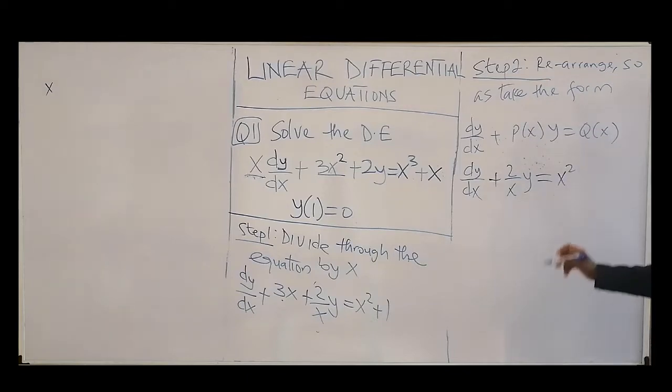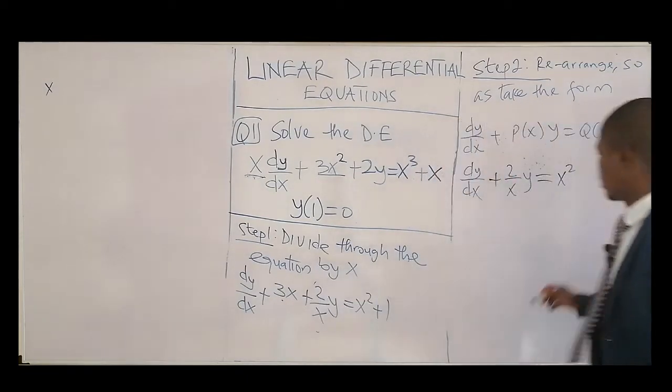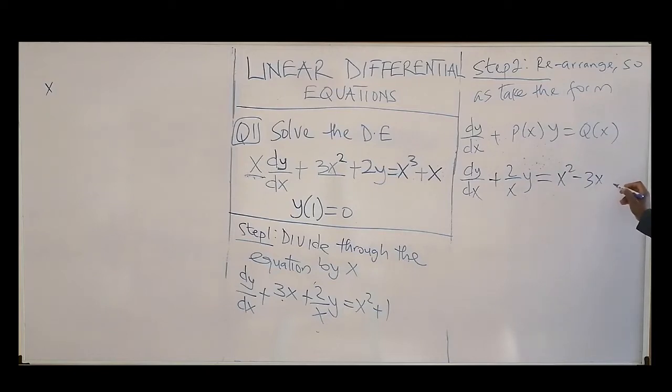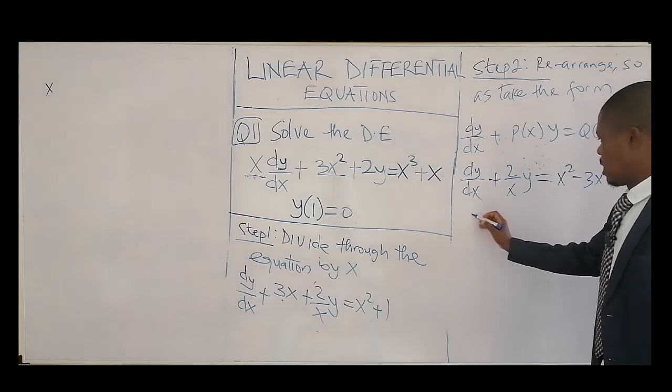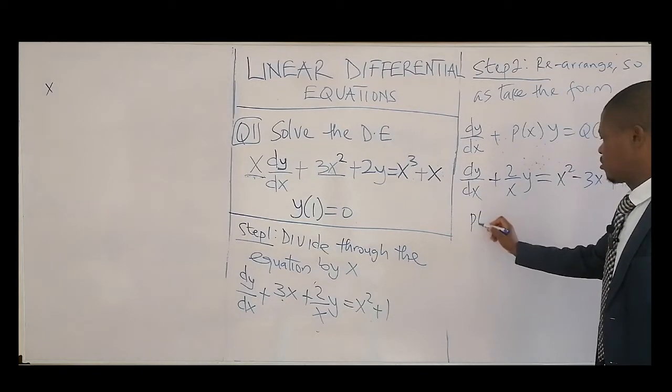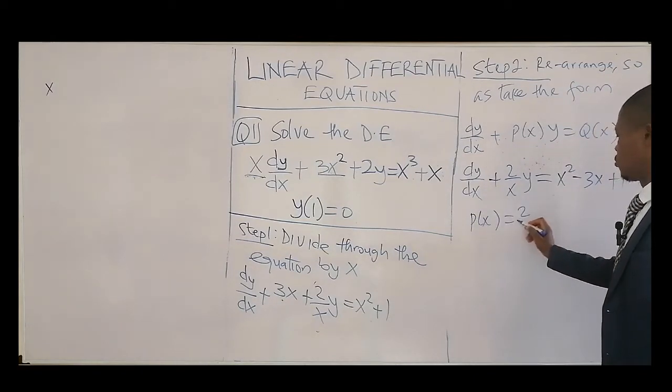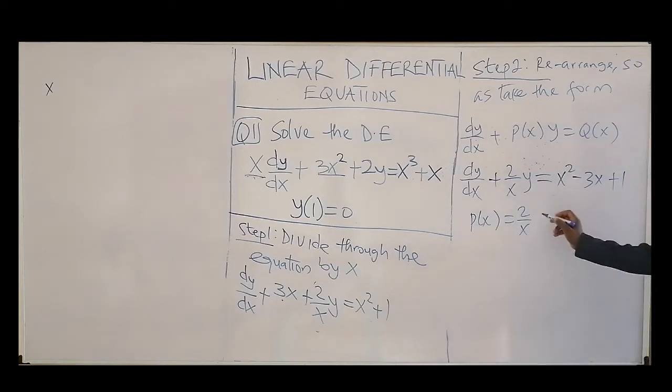That will be x squared, then move this 3x to the other side, minus 3x, and then plus 1. So this is where we are now. This is linear in y according to this standard form, where p of x is equal to 2 over x, and q of x is equal to x squared minus 3x plus 1.